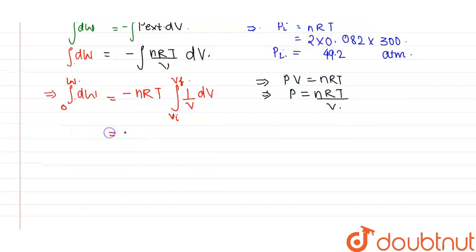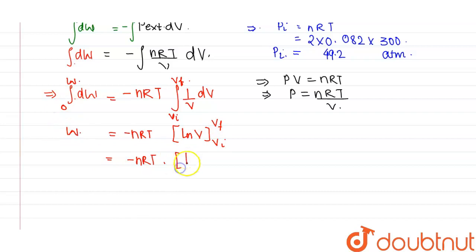Now this integration term will be equal to minus nRT. The integral of 1 by V dV is ln V, from Vi to Vf. So W will be equal to minus nRT times ln Vf minus ln Vi, which can be written as minus nRT ln of Vf by Vi.